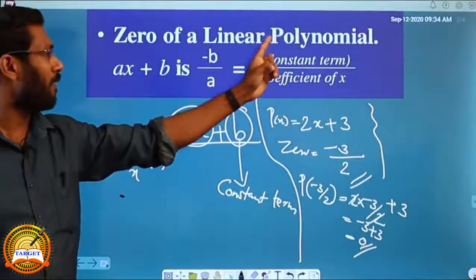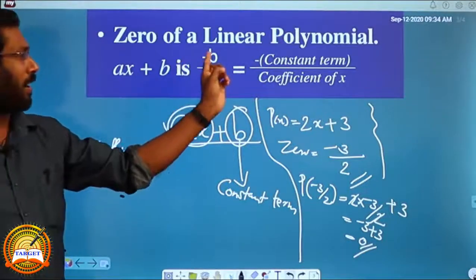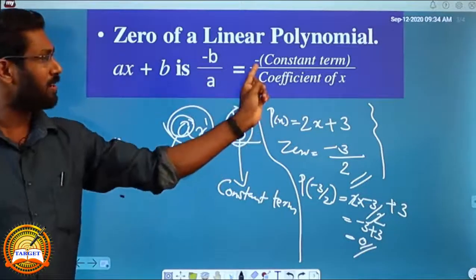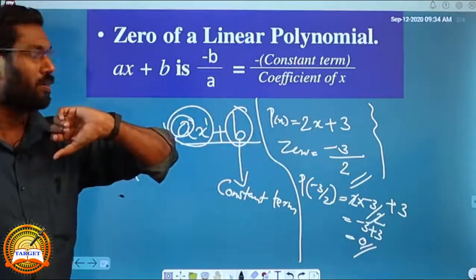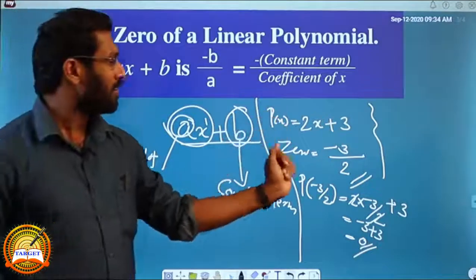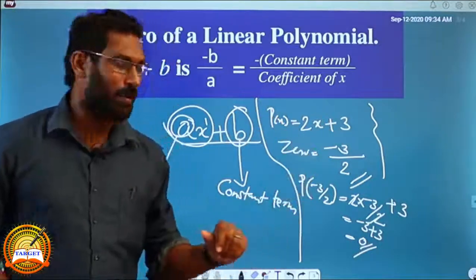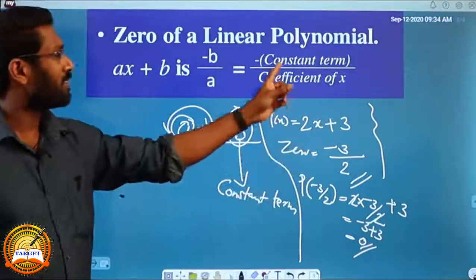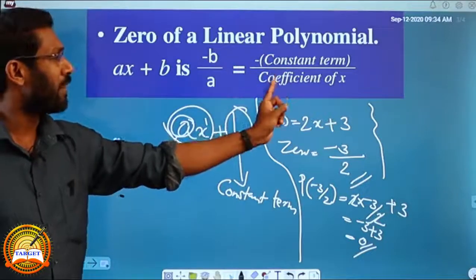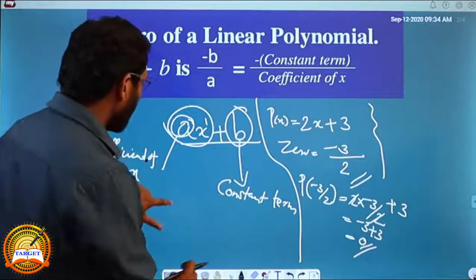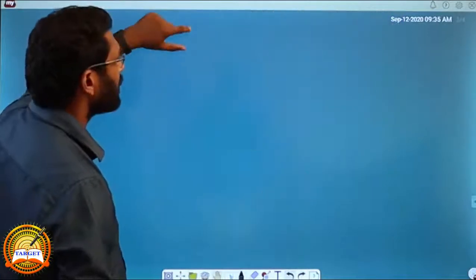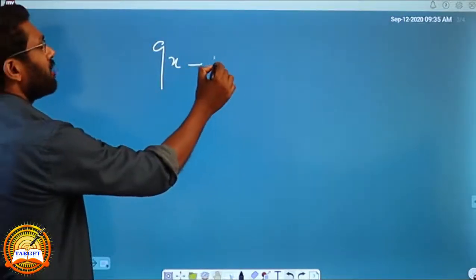The zero of a linear polynomial ax plus b is minus b by a, the negative of the constant term by the coefficient of x. Simply by looking at the linear polynomial, we can write the zero of the polynomial as minus the constant term by the coefficient of x. Okay? In the same way, another example I am giving you, 9x minus 5.